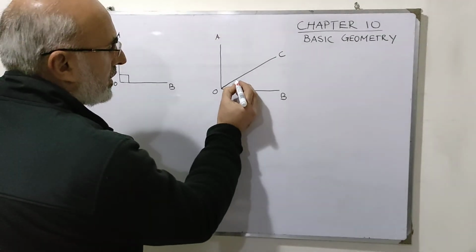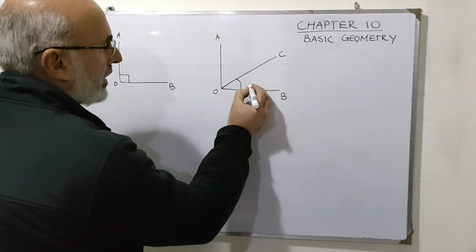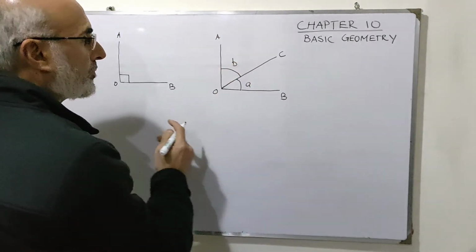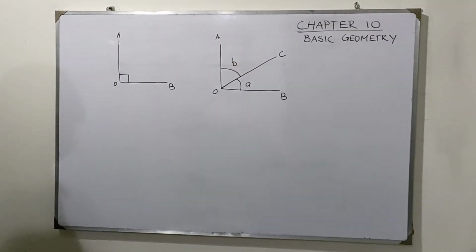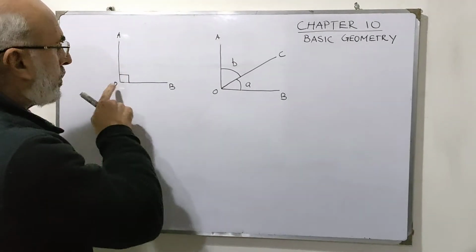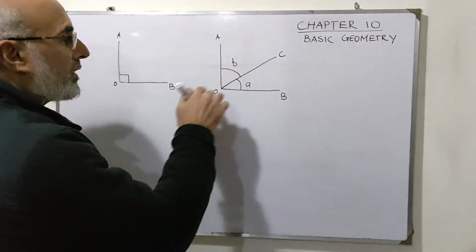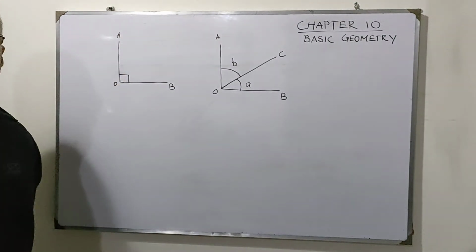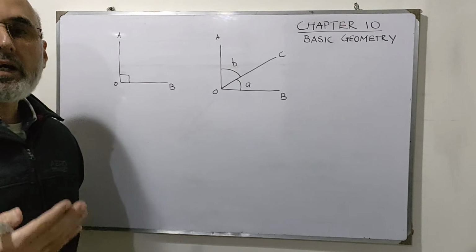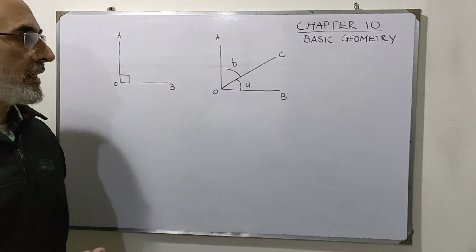So here we have angle A, here we have angle B. We know that AO and OB, these 2 lines meeting at a point O, are forming an angle of 90 degree.